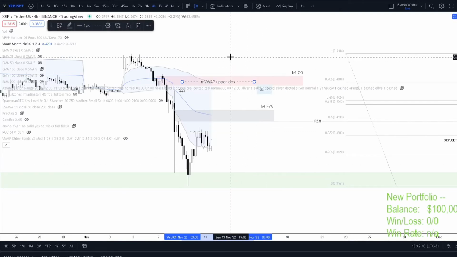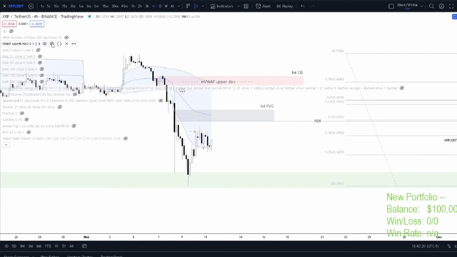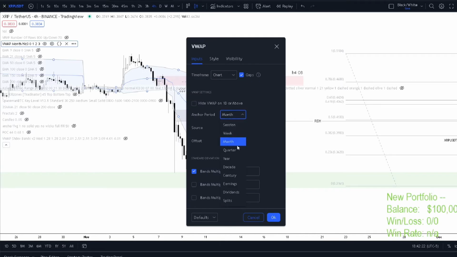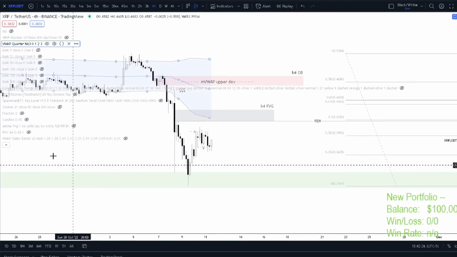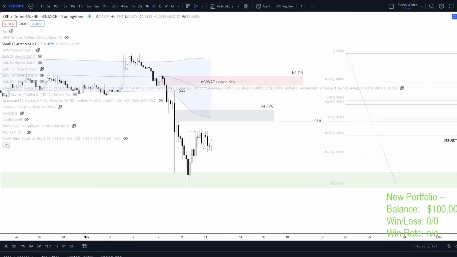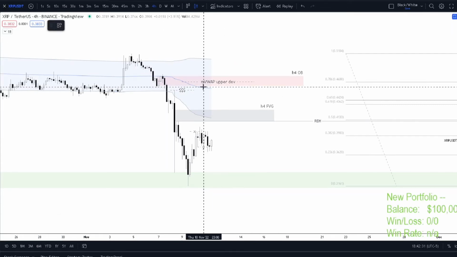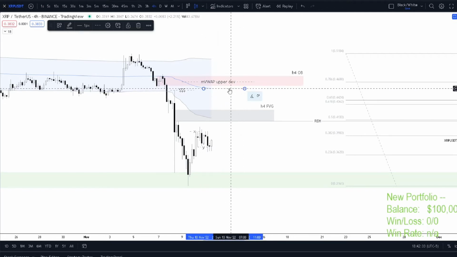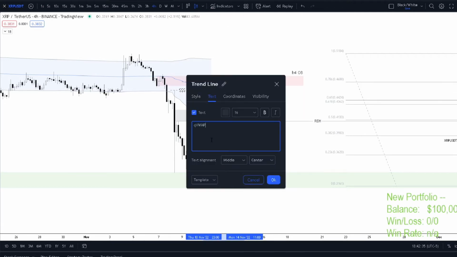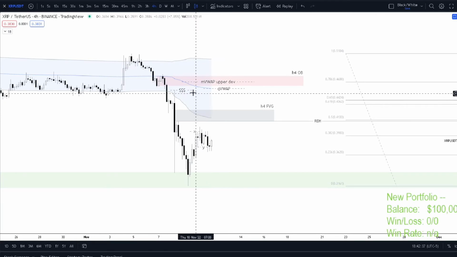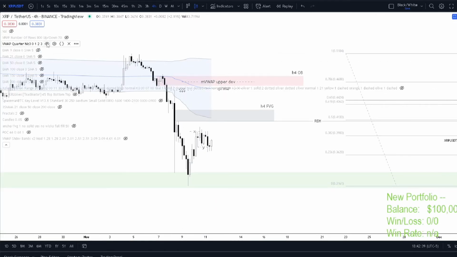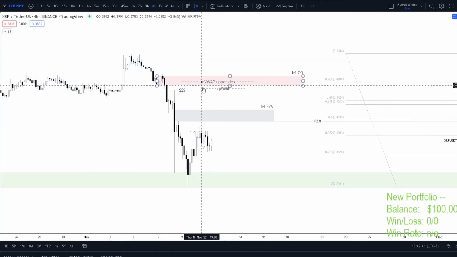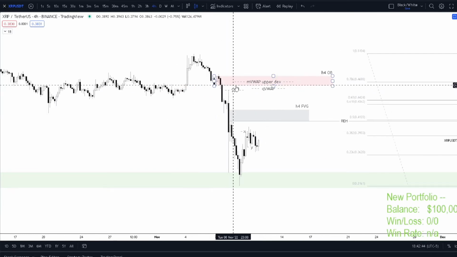And then we're also gonna check the quarterly VWAP, and that is also nice. So the quarterly VWAP, the actual band is right here. I'll just call that quarterly VWAP. I'm gonna hide the VWAP here. So this is giving us a lot of confluence here.